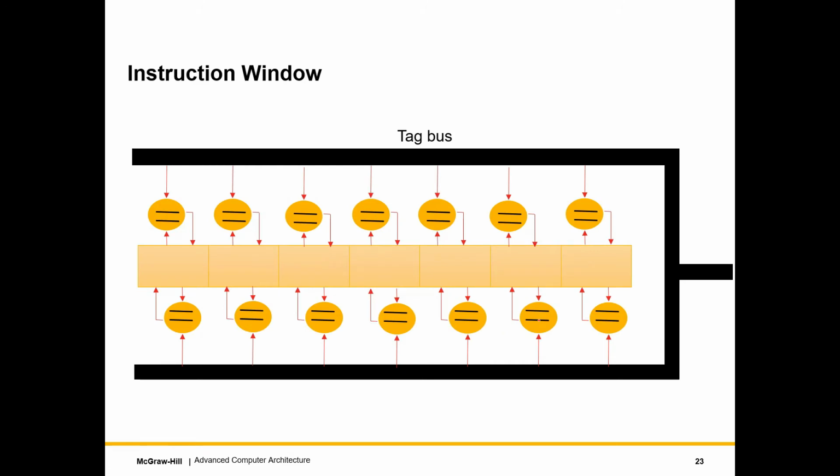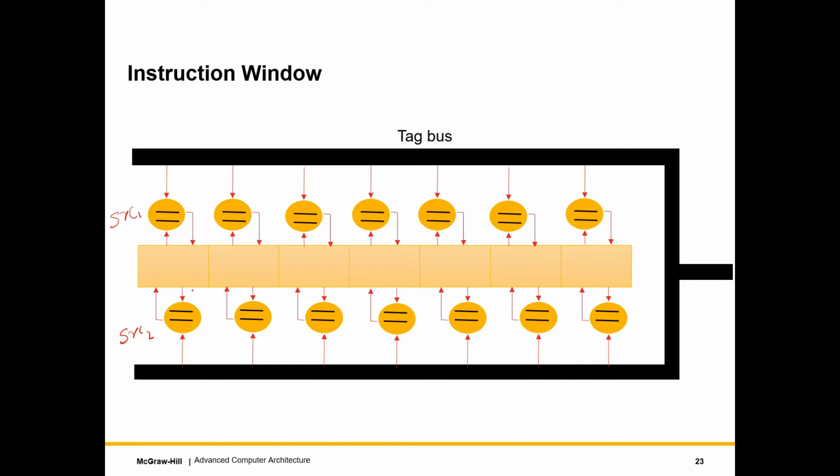So what would be a representation of this? Well, the representation is very simple. In the simple diagram there is a tag bus. The tag is being broadcasted to both sides. Let's say one side are comparators for the first source operand, and the other side are comparators for the second source operand. So the tag could match any one of them.